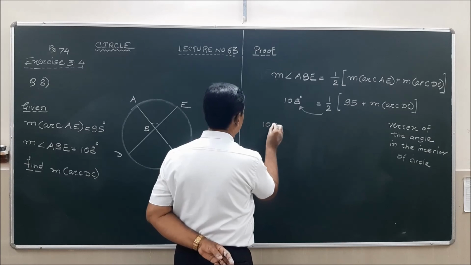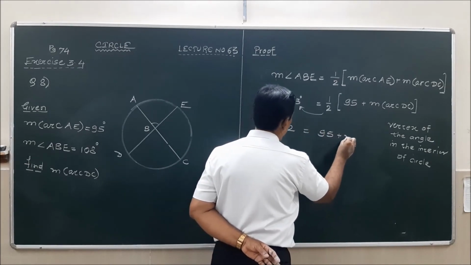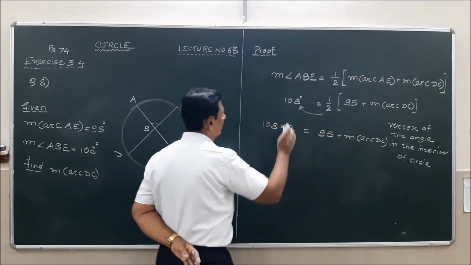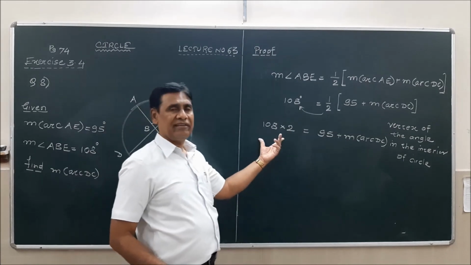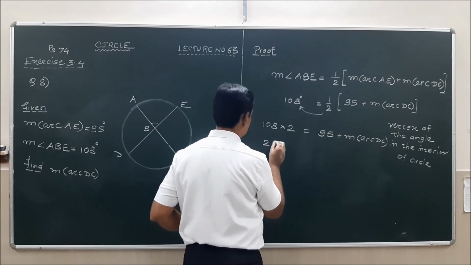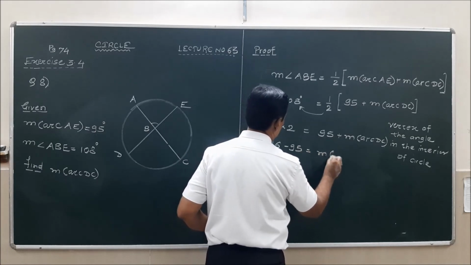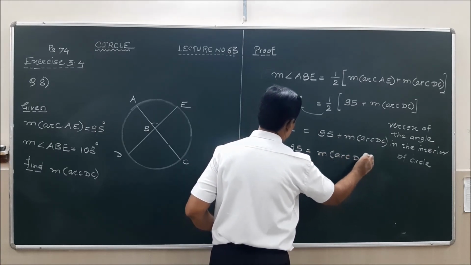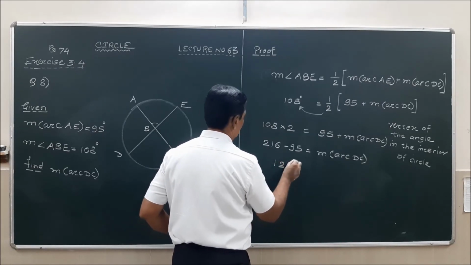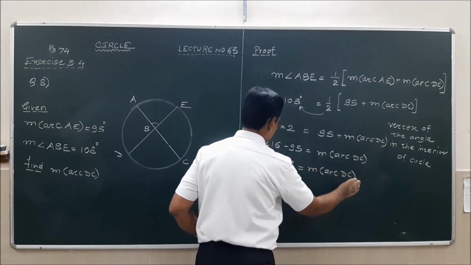So 108 into 2 is equal to 95 plus measure of arc DC. Very simple. Mathematically, I transfer 95 to the left hand side. 108 into 2, that is 216, minus 95, that is equal to arc DC. So 121 is equal to arc DC.